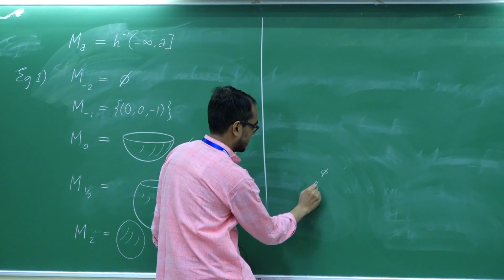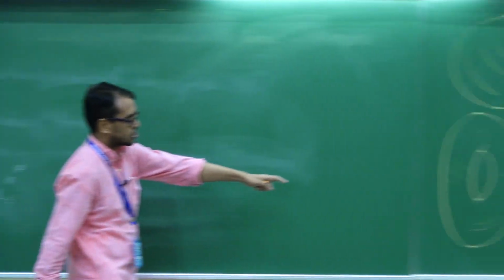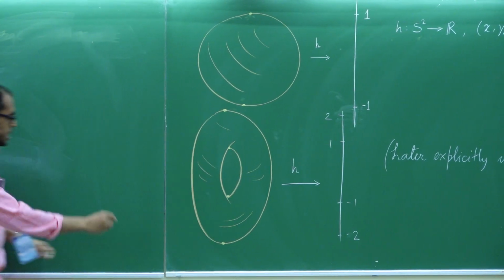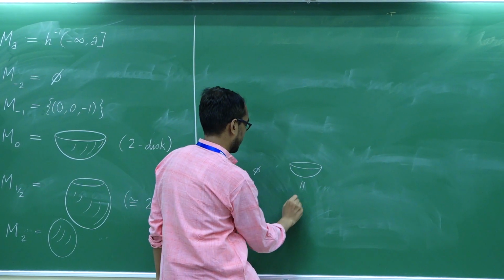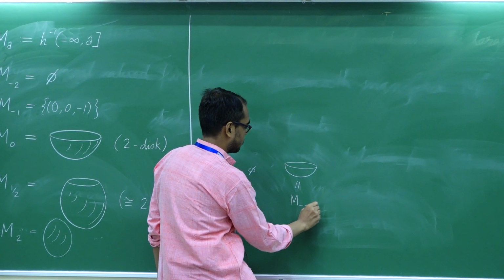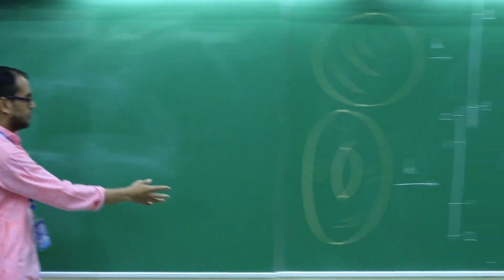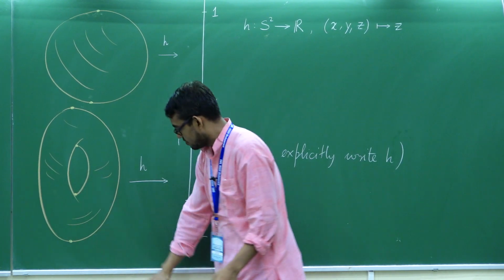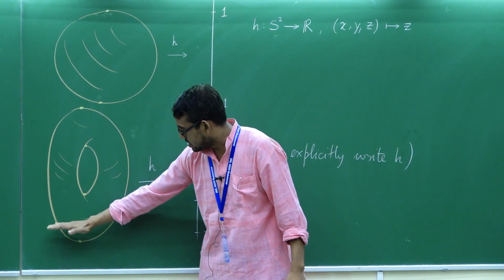So this is, let's say, M of -3. Now once you go slightly above -2, we're getting this. This is like M of -2 plus epsilon. You're looking at everything from -infinity to -2 plus epsilon, so that's just the union of these zeros.